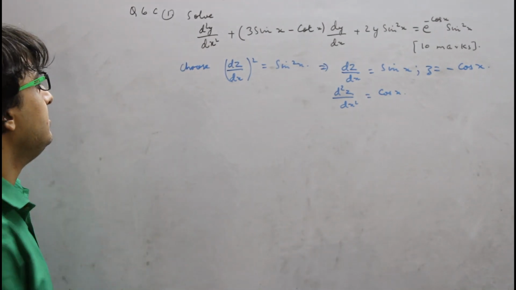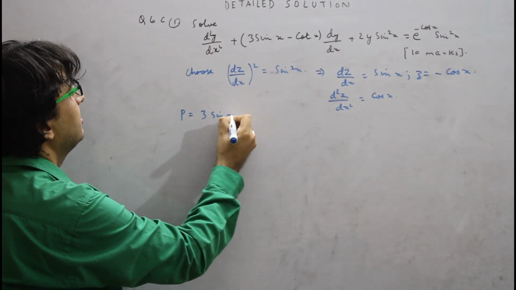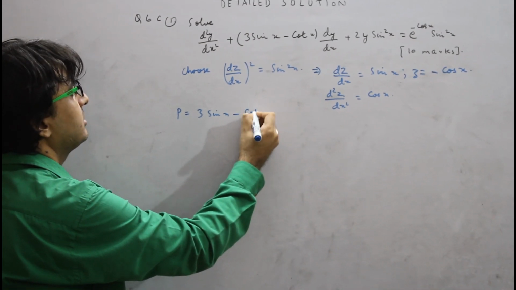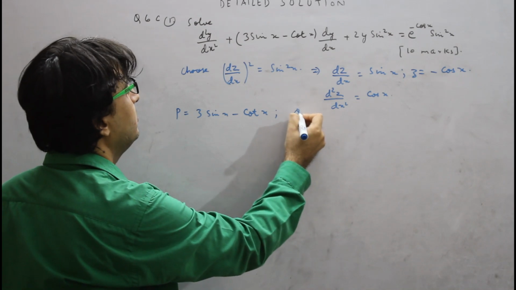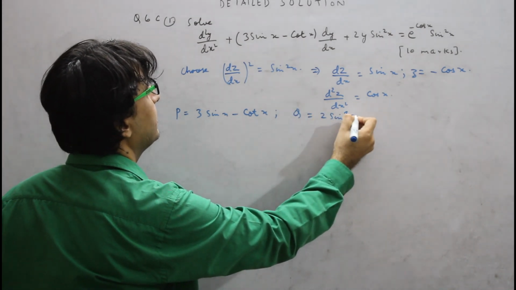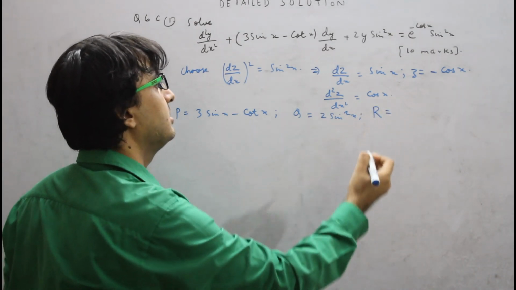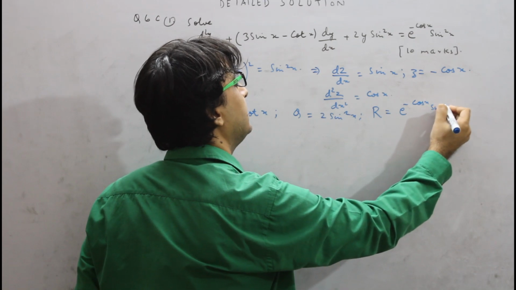So here we know our P, that is 3 sin x − cot x, and Q is 2 sin²x, and R is e^(−cos x) sin²x.